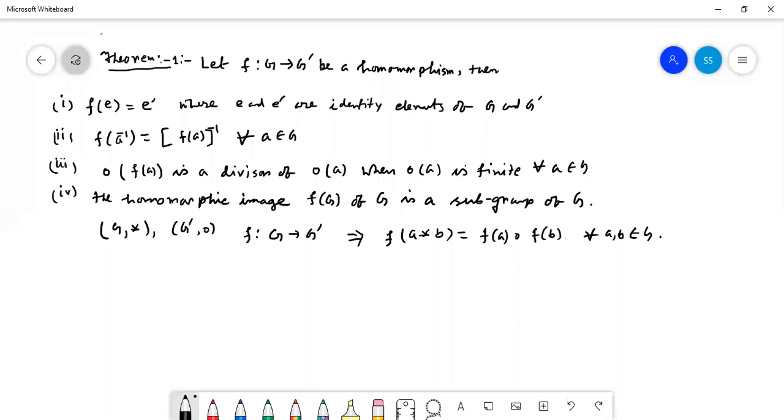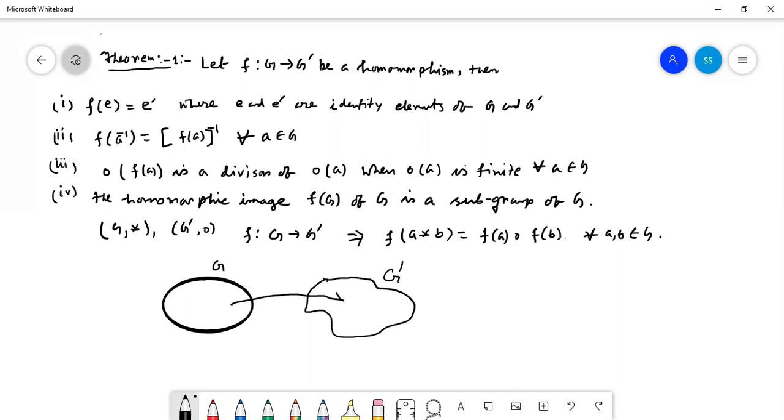Here G star is a group and G dash with the operation is also a group. But here there is a mapping. Actually, a homomorphic mapping is like this: if this is G and here is G dash, then this is f. f is the homomorphism.